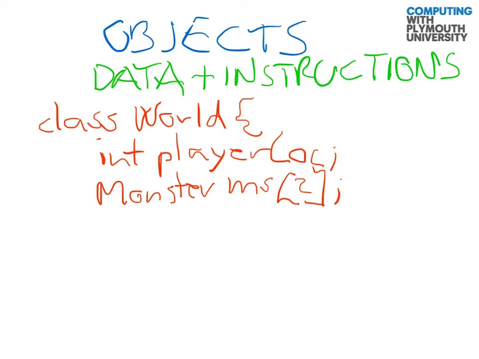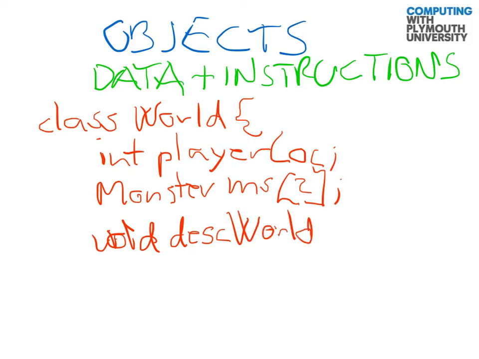Now what we're also allowed to do is to add methods, to add instructions. And we're going to have a method within this class. We're going to reuse the same method we had before, the void describeWorld method that takes no arguments. So we put a method definition within the class. I'm not going to put the instructions in now.